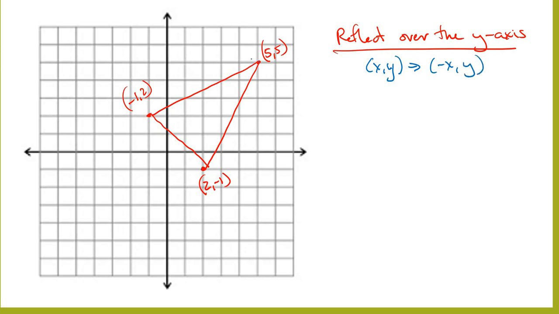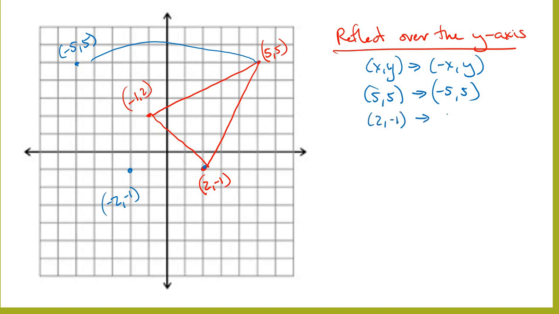So I'm going to take this and flip it all the way to the other side, and it's going to come over here to -5, 5, which is my rule. 5, 5 goes to -5, 5. 2, -1, it's going to come over here, and it's going to become -2, -1. So 2, -1 goes to -2, -1.